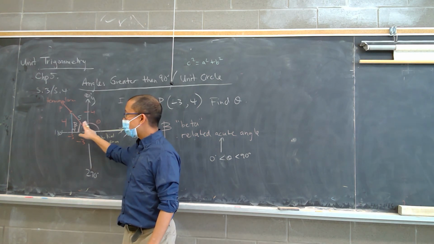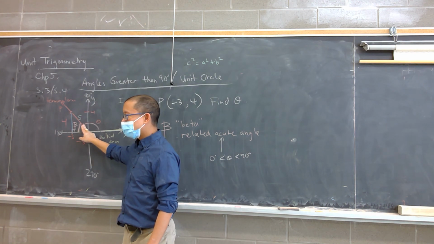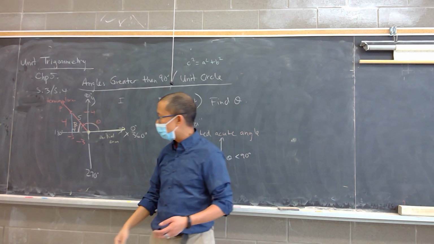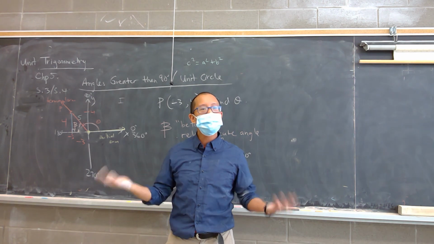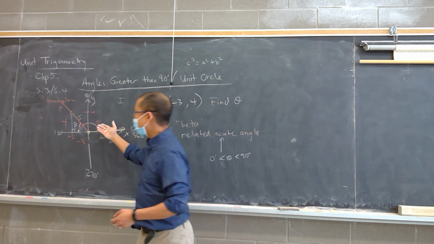But the actual answer is not 180 degrees, it's a little less than 180 degrees. So I think a lot of you know what you're going to do. Once you solve for the related acute angle, you'll subtract that from 180, and that will give you this angle.